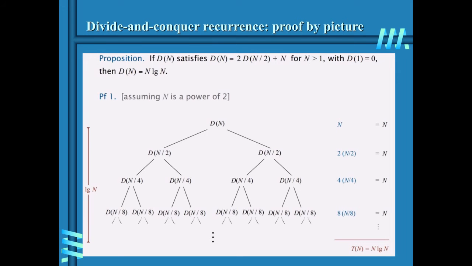So based on these recurrences, we draw the recursive tree. To merge sort n elements, we have to sort two halves, so we need two merge sorts of half size.